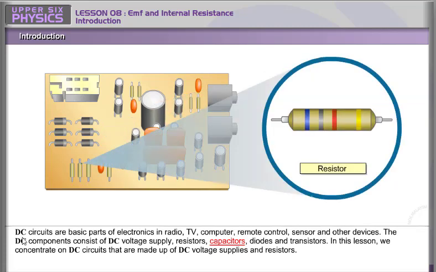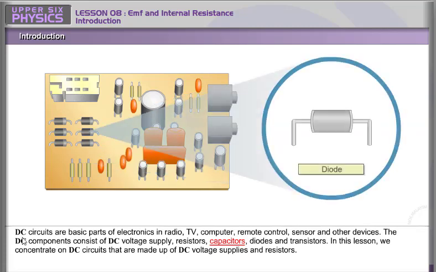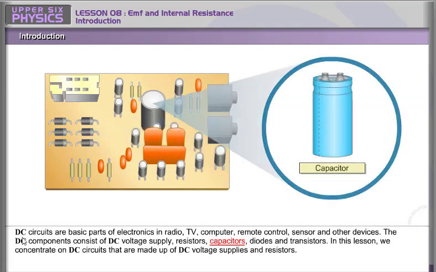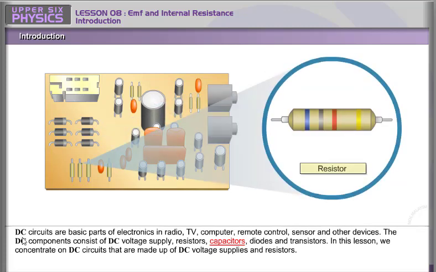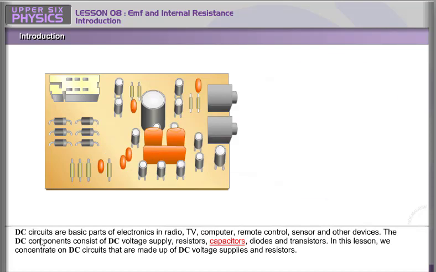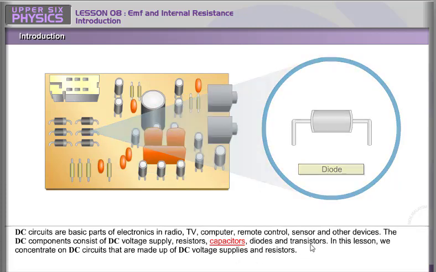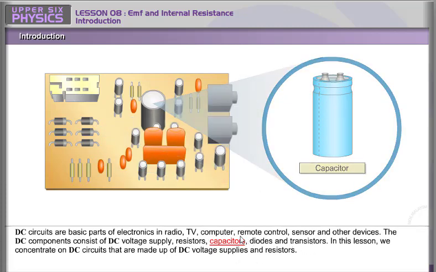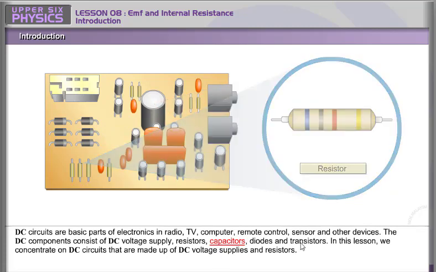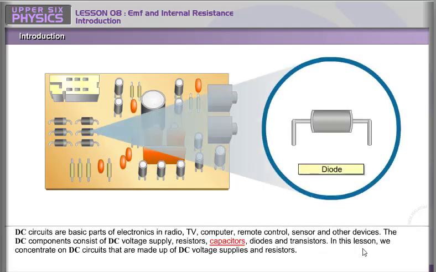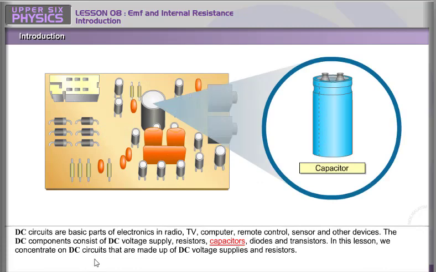Now why we say DC is direct current, it means it only flows in one direction. So the DC components consist of a DC voltage supply, resistors, capacitors, diodes. Okay, capacitors we have studied, resistors we have studied. All right, so in this lesson we are going to concentrate on DC circuits.